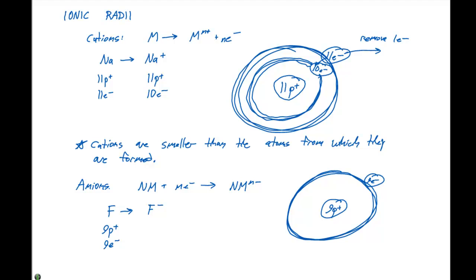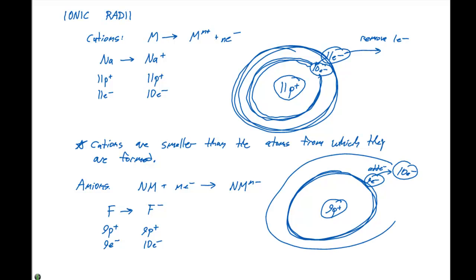But when we go from fluorine to fluoride, we remain with 9 protons and we have an extra electron. When we add that electron, we now have 10 electrons surrounding the nucleus and there are 9 protons.